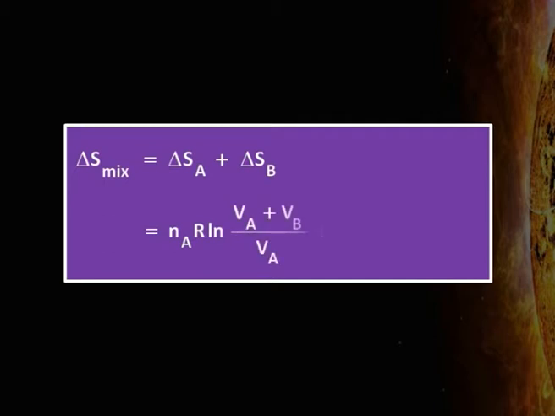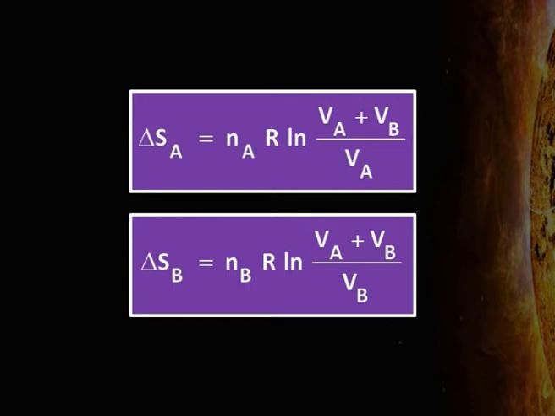So, for the calculation of entropy change during mixing, we can add these two entropy increases. Therefore, delta S mixing will be equal to delta SA plus delta SB, which will be equal to Na R natural log (VA plus VB) divided by VA plus Nb R natural log (VA plus VB) divided by VB.